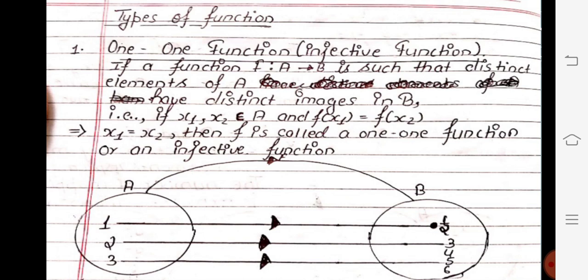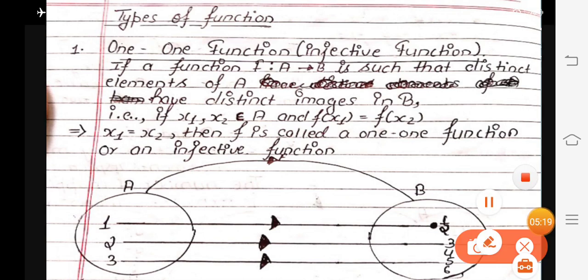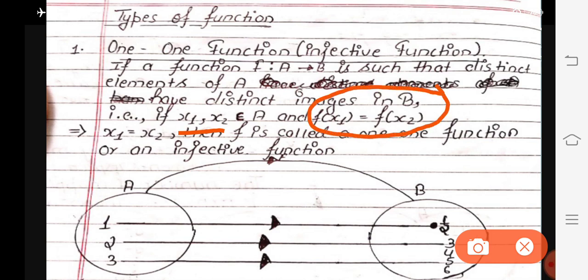To prove this, what we do, we take any two elements of the domain, x1 and x2, and assume that f(x1) = f(x2). That is, images of the elements are same.